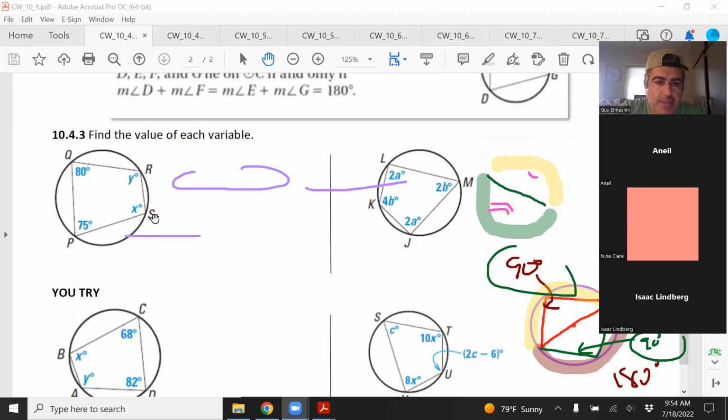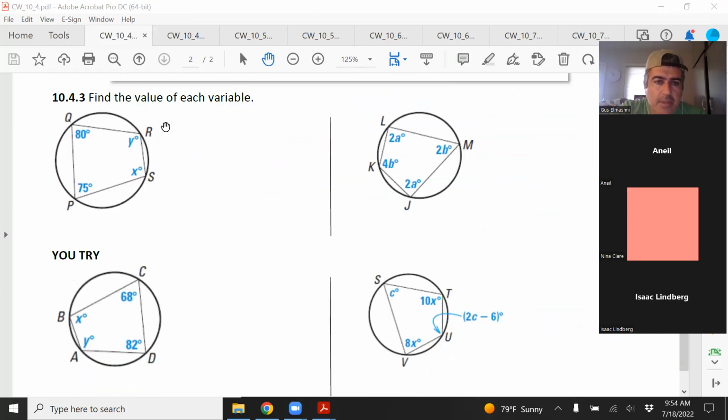So in this case, that's 100, because that's 80 right there. And in this case, y is 105. For this one, let's color code this.